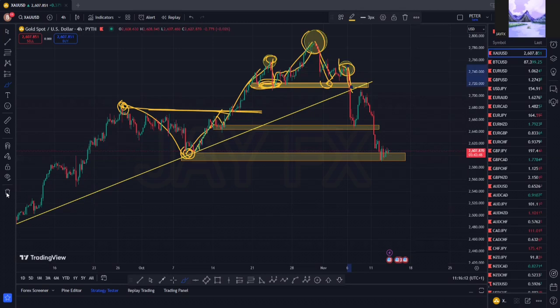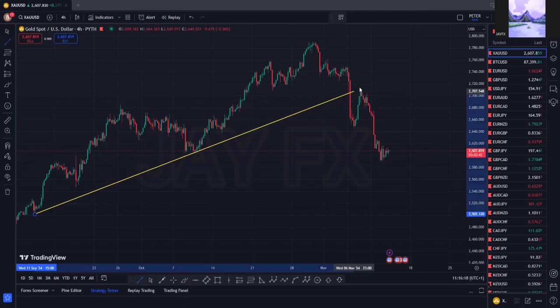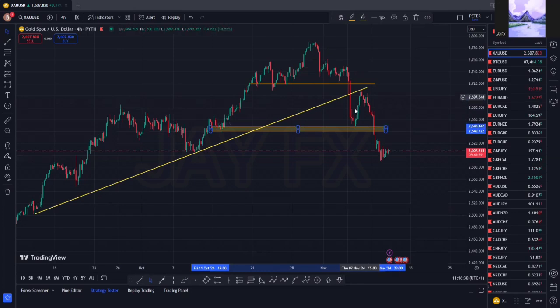So now where it was heading off. Let's see together where it was heading off. After breaking this and going down, exactly, the market was coming down against this previous support. So let's see what happened.